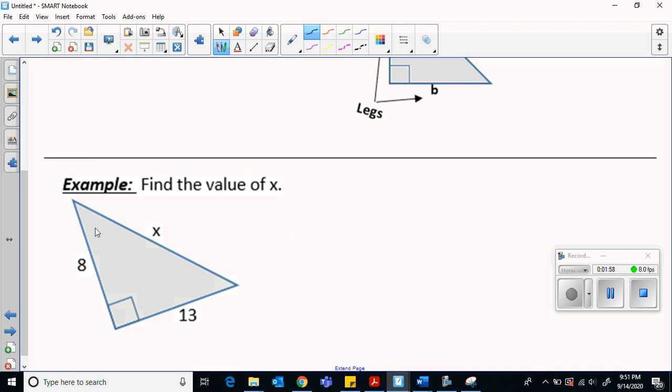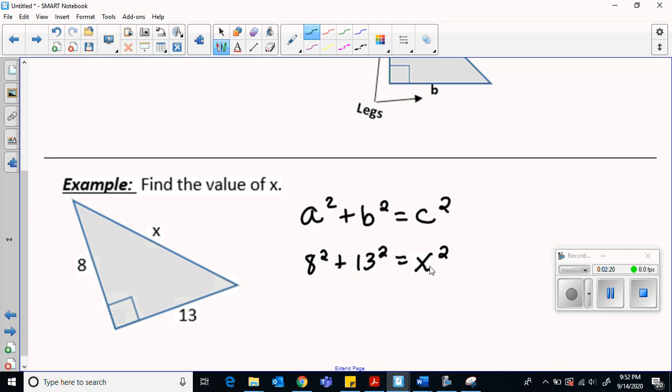Remember, the hypotenuse, the side across from the right angle, always has to go in for c. The Pythagorean theorem is a squared plus b squared equals c squared. So we're going to plug in: 8 squared plus 13 squared equals x squared.